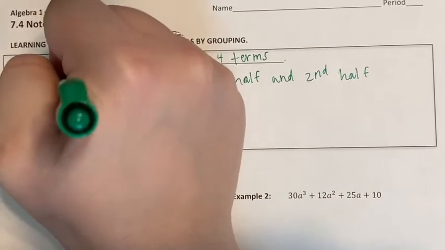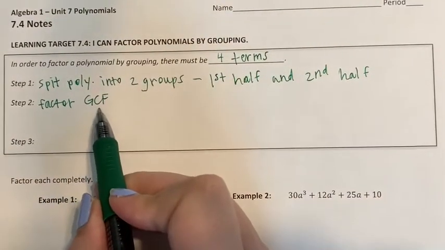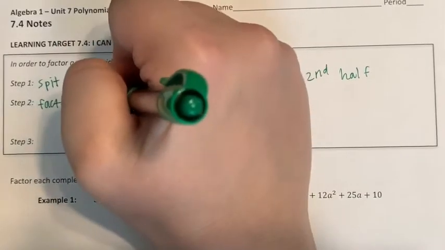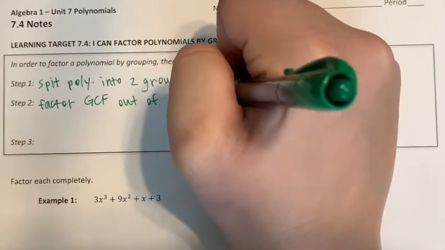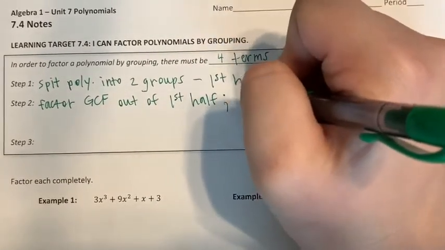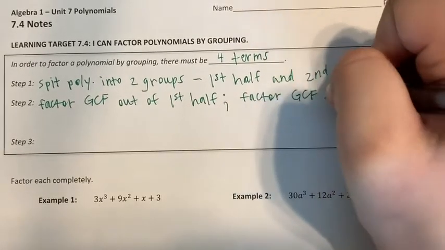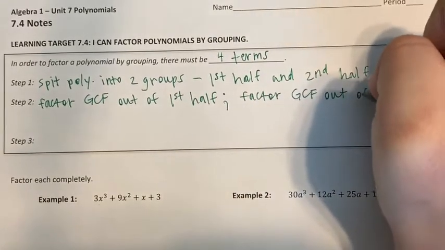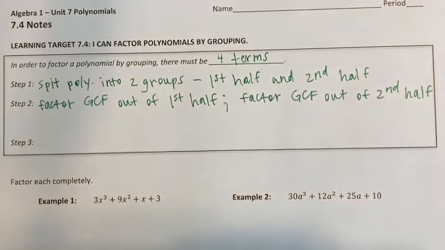So I'll say factor GCF, which again is greatest common factor, out of first half. And then we have to factor the GCF out of the second half. So you have to do them separately because they are chunked into different groups.